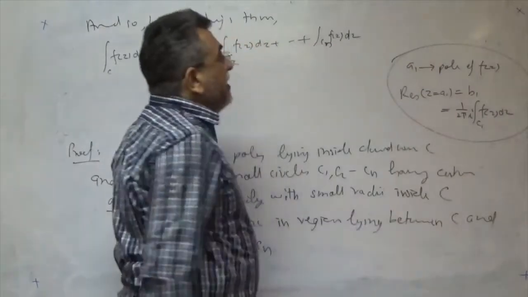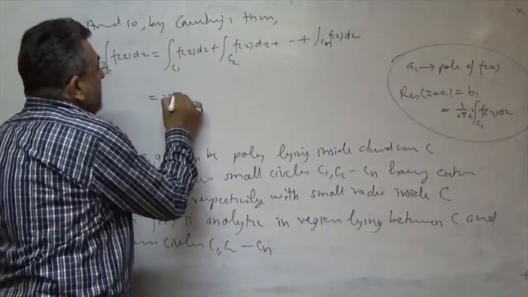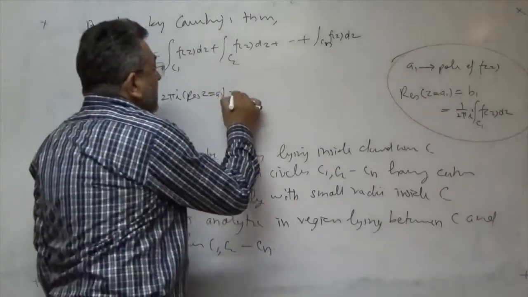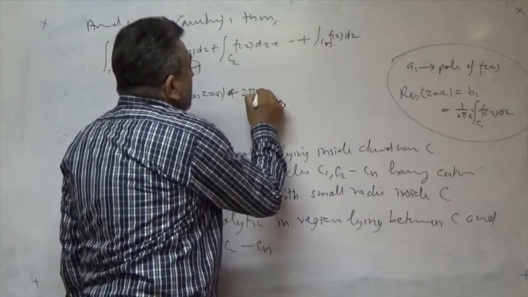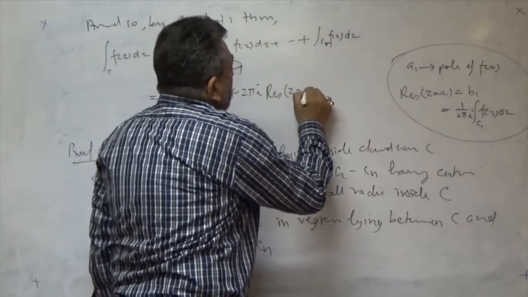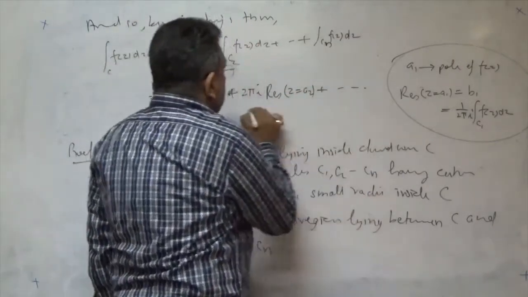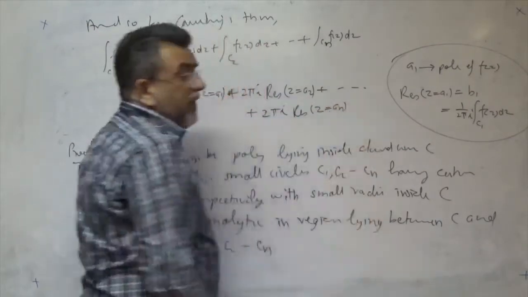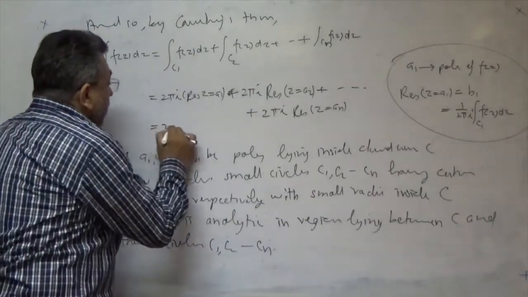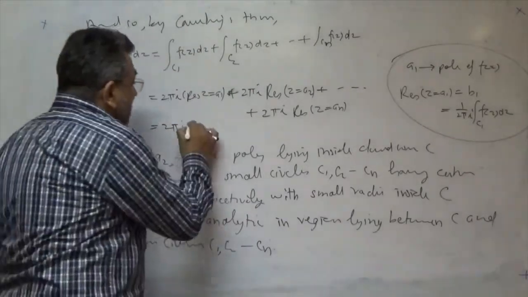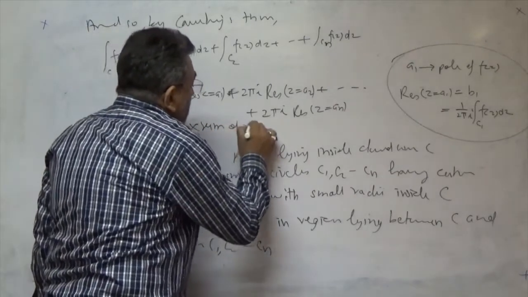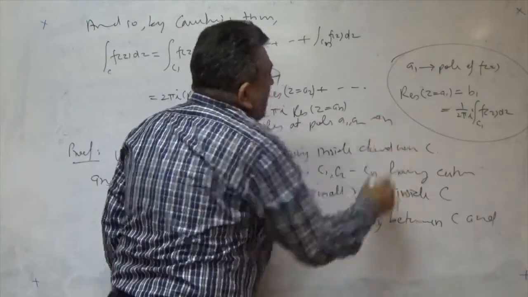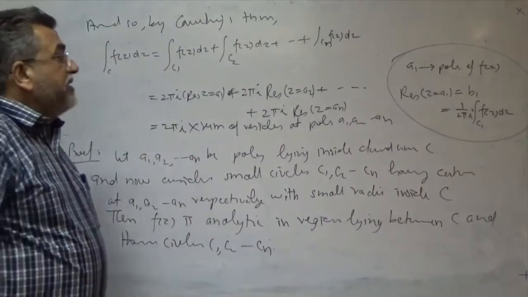From this formula of residue, we can write this integral as 2 pi i times the residue at the pole z equal to A1. Similarly, the next integral is 2 pi i times the residue at z equal to A2, and so on, and the last integral is similarly 2 pi i times the residue at z equal to An. If we take 2 pi i common, we get the sum of residues at poles A1, A2, ..., An. And that is the proof of Cauchy's residue theorem.